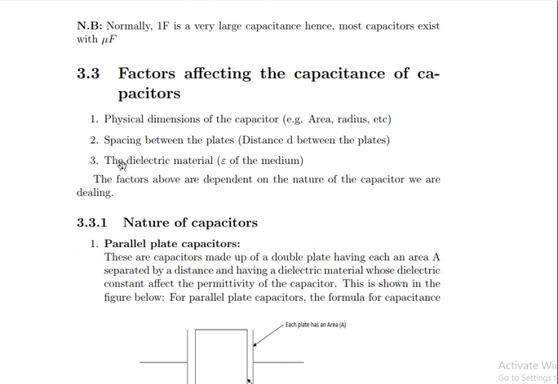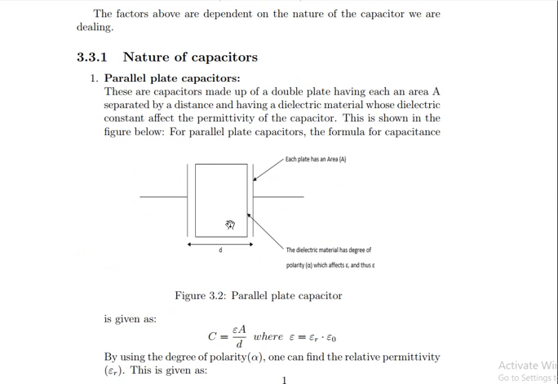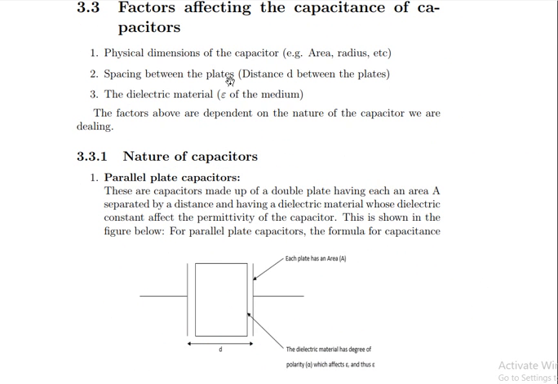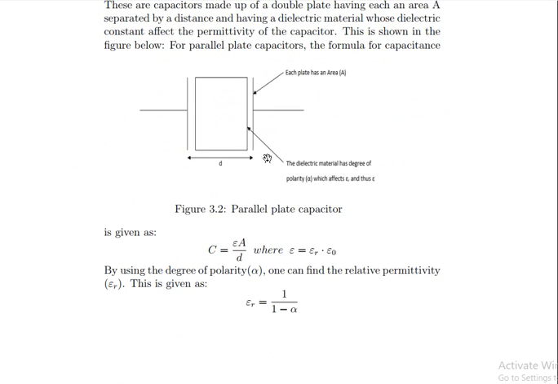The third factor affecting it is the dielectric material. The dielectric material is going to cause a change in the permittivity, epsilon. The dielectric material has a degree of polarity, alpha, which affects the epsilon, and thus epsilon.